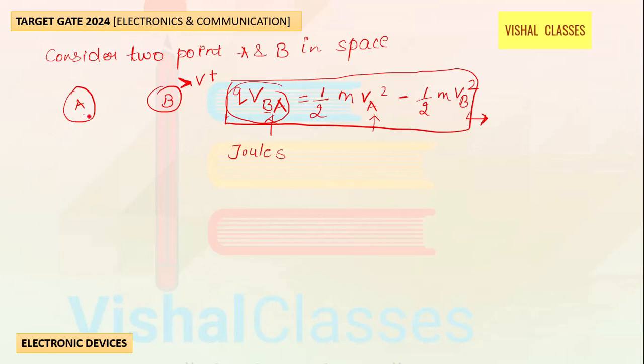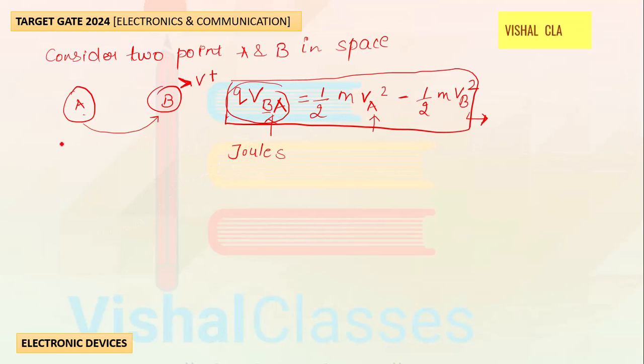I am considering when an electron moves from point A to point B, its velocity is considered: initial velocity at point A and final velocity at point B. The potential energy between two points equals potential multiplied by charge, which is represented by Q V_BA.